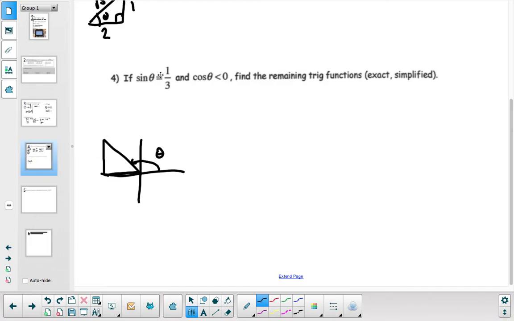You can consider this on the unit circle, so the hypotenuse would be 1, and y would be 1/3, or you could work with whole numbers if you wanted to. Both will get you the same answer. Again, the nice thing with trig is it's flexible when it needs to be. So work with either one of these triangles. It'll get you to the correct answer.